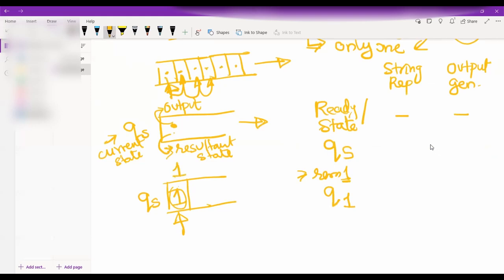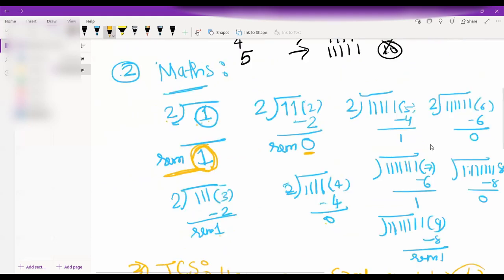And to this state, which is our resultant state, our current state was QS. QS after reading 1 has generated the output 1, and it is going to the next state, which is your remainder 1. That means after dividing number 1 by 2, what are we having?